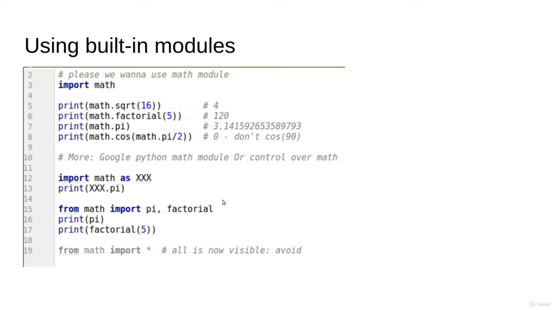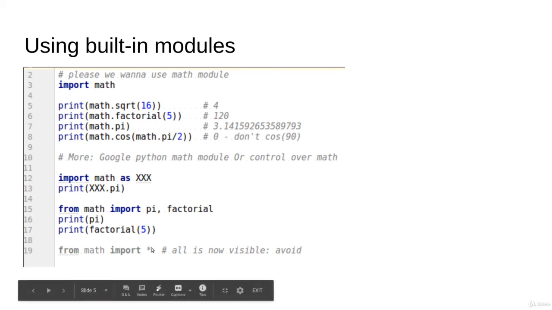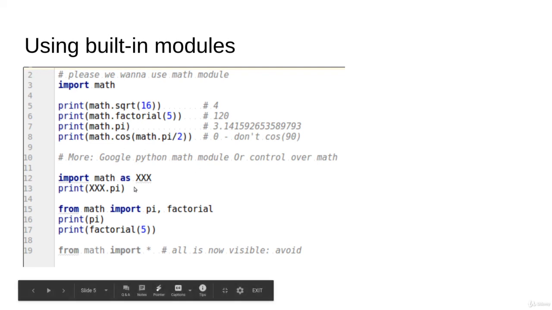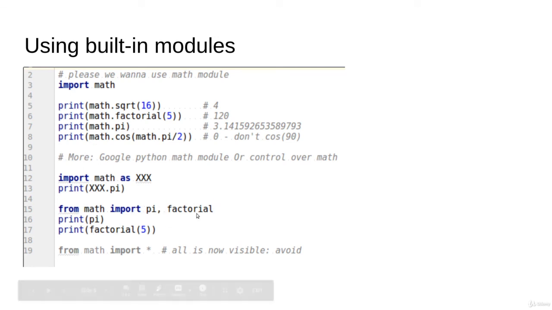The last thing that Python provides us is import asterisk. Import asterisk means import everything from here to be visible in my scope. This is a bad thing in big projects because it will typically cause name collisions. Name collision means, let's say you have a variable in your code named factorial, and now this import is retrieving factorial from another file.